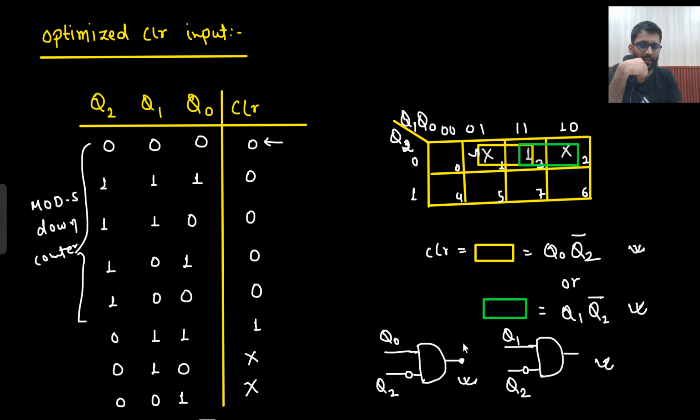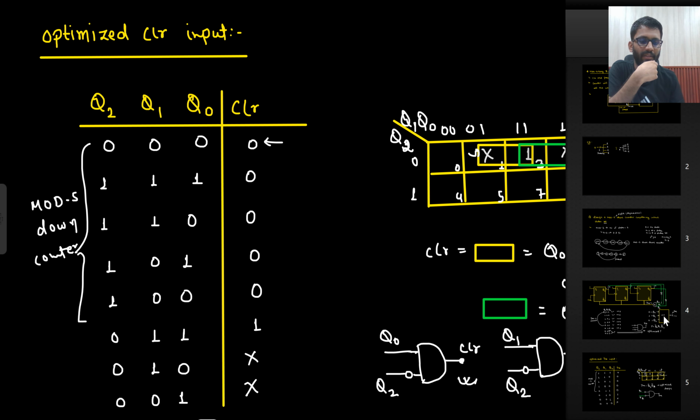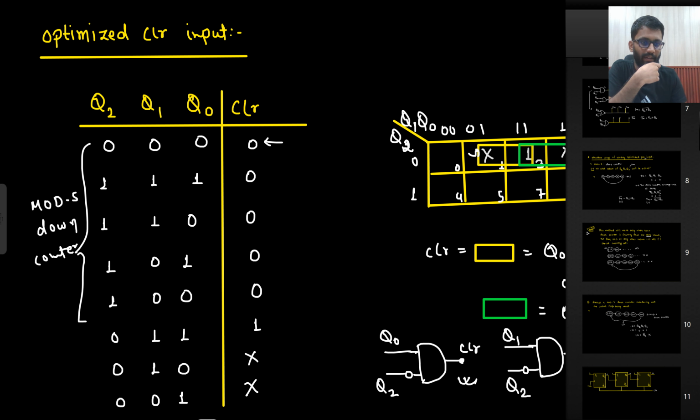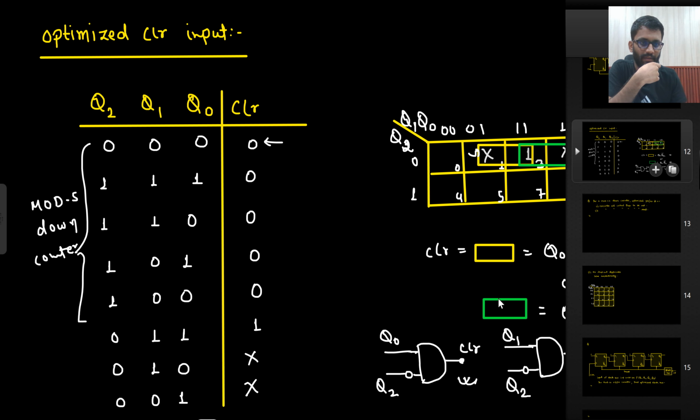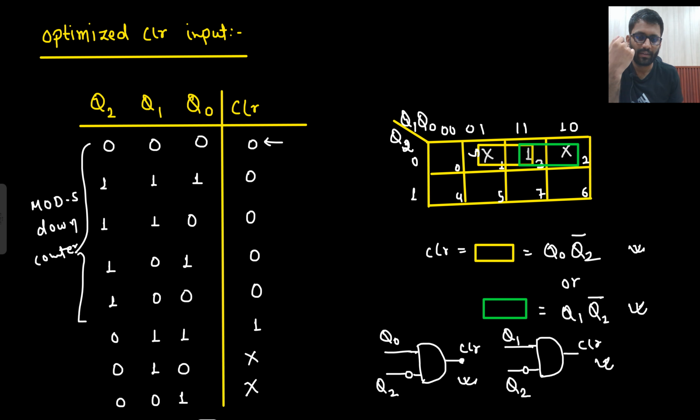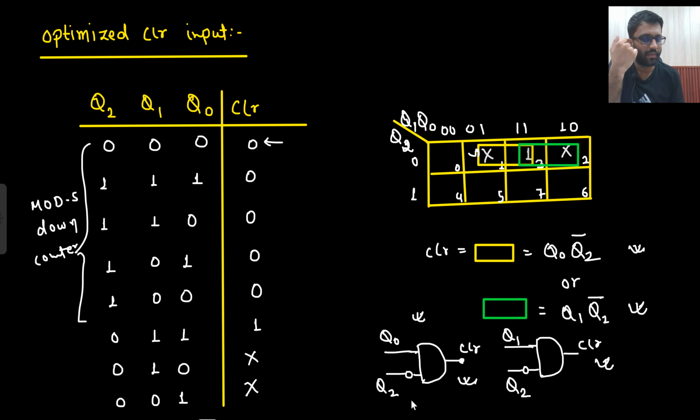So this is your clear. And if you wanted clear bar, then add a bubble. If I wanted clear bar, so this is my clear. Let's take this as forward now. Okay, both are possible, but let's take this one.